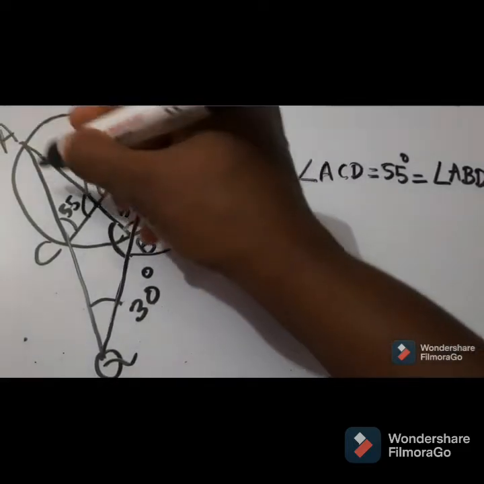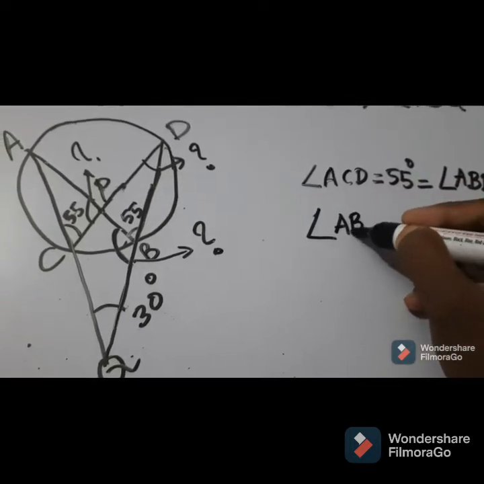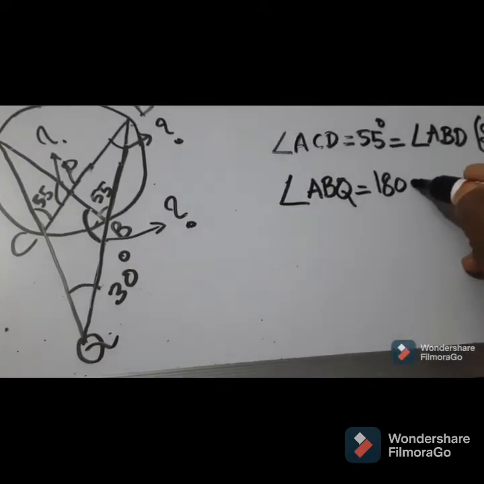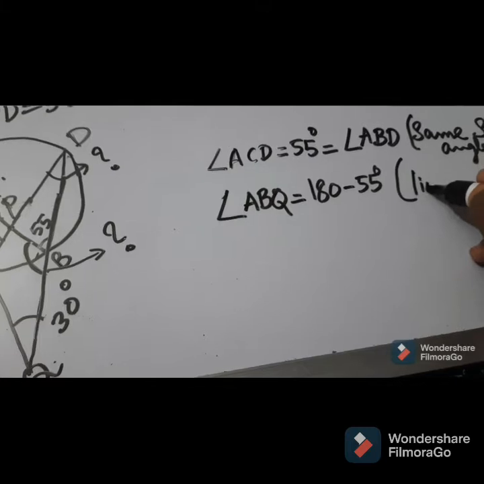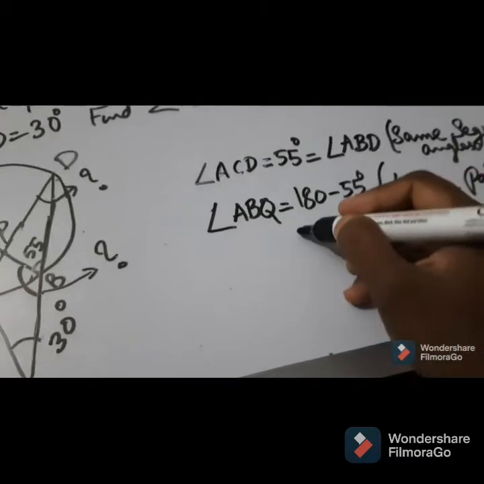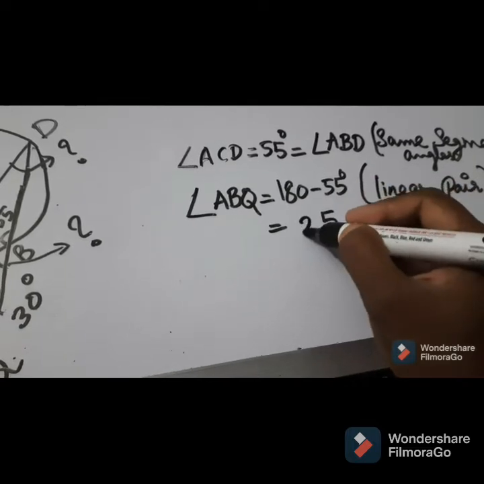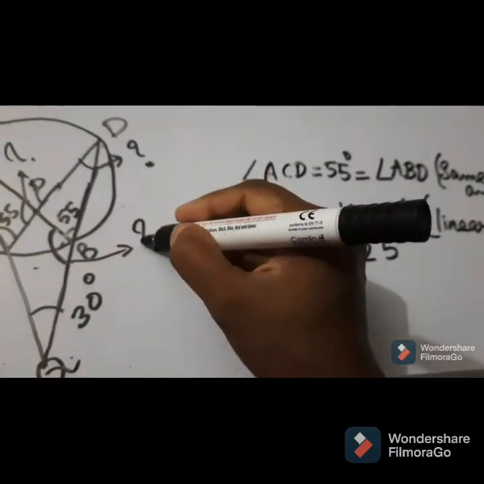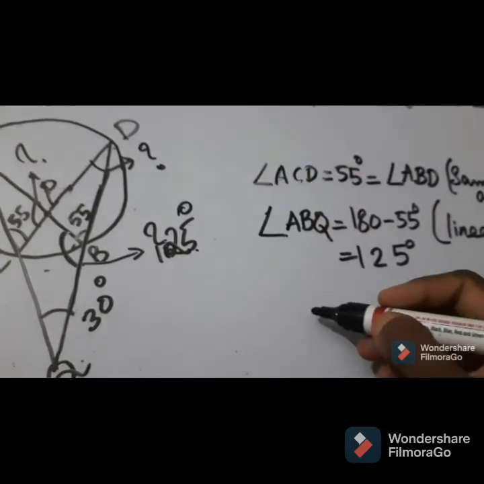Then next we get angle ABQ, which is equal to 180 minus 55. We can write the reason as linear pair. Linear pair means 180 degrees. So subtract, you will get 125 degrees. So this side is 125 degrees.